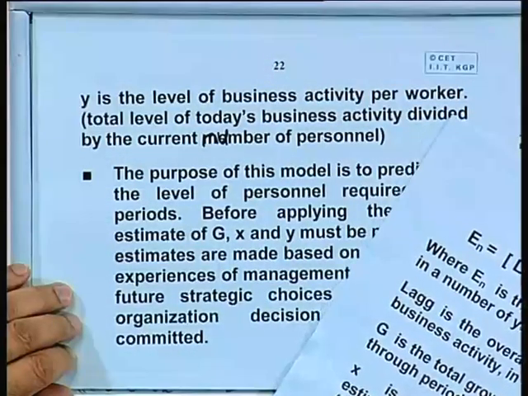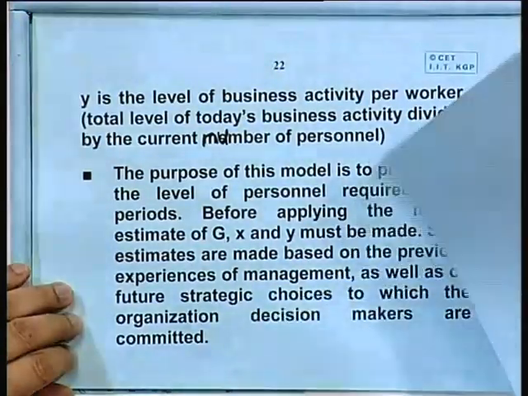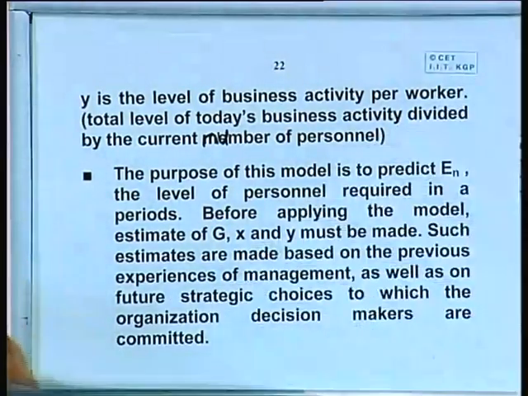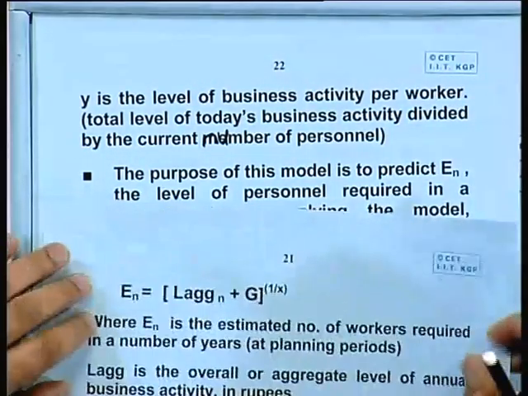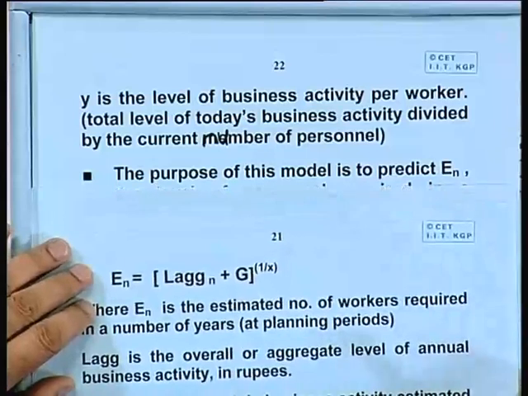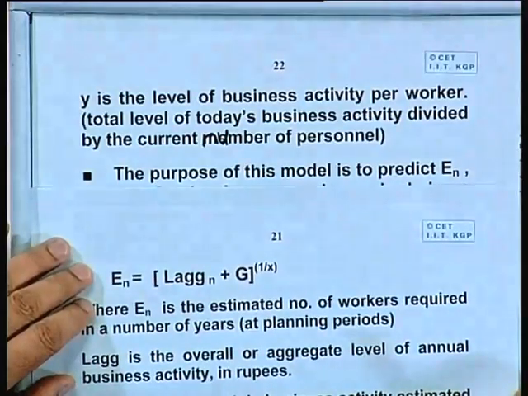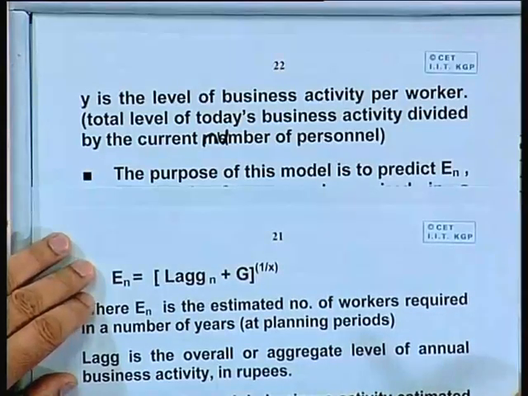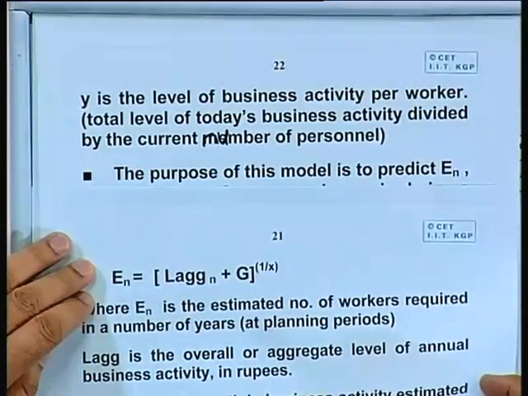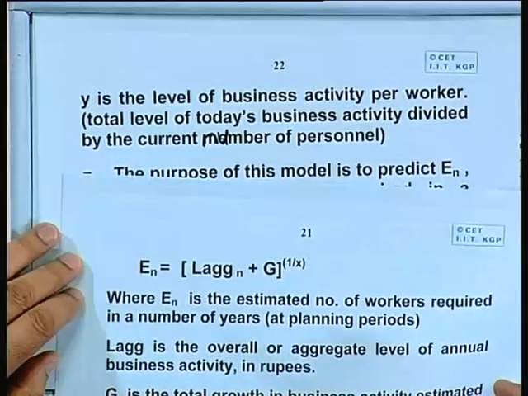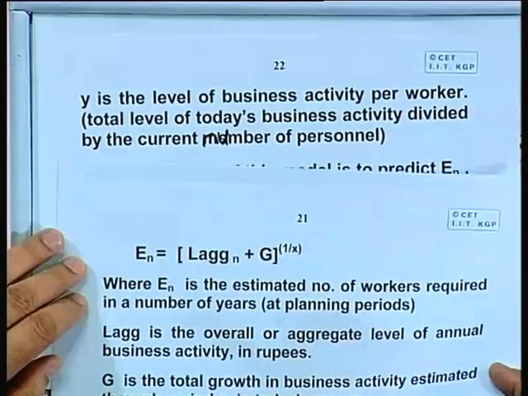Y is the level of business activity per worker, today's total level of business activity divided by the current number of personnel. We will give a clarification on this.